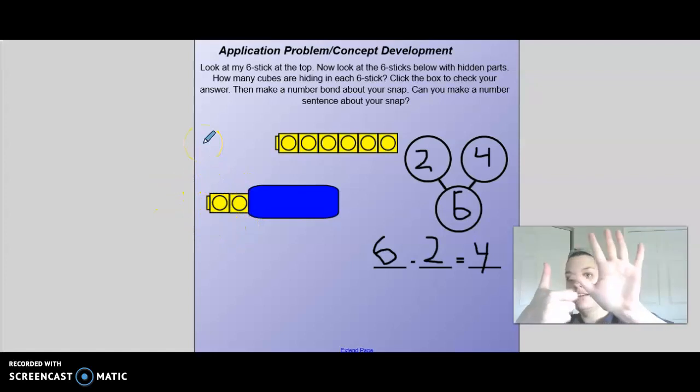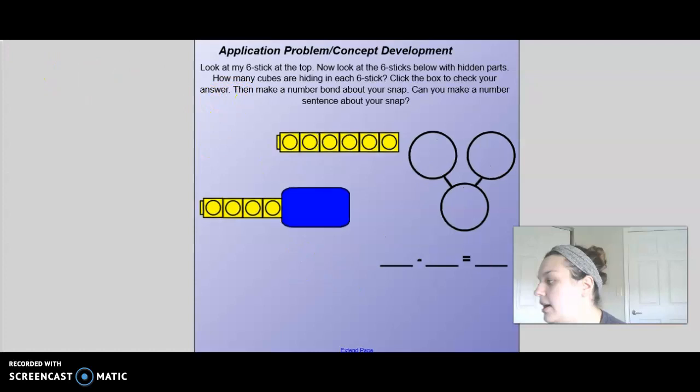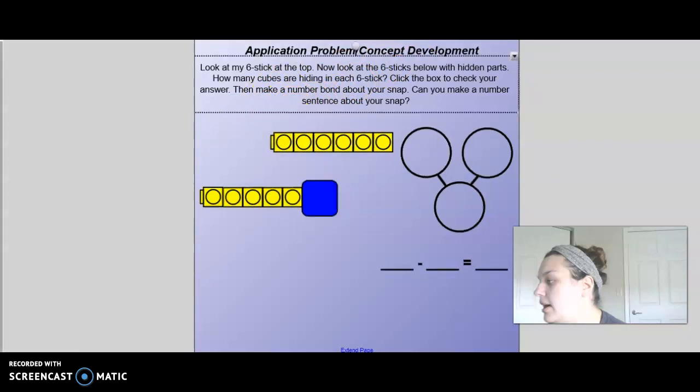So 6 minus 2 equals 4. Okay. All right, so now I want you to start doing some of these on your own, okay?